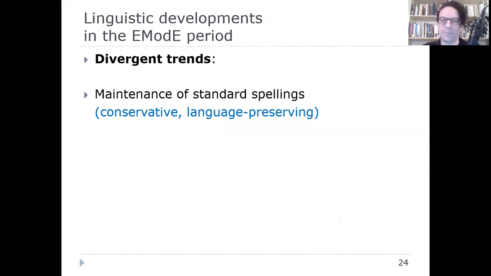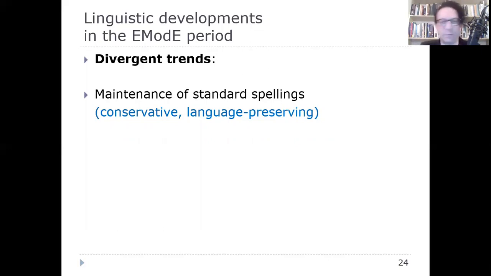Okay, a lot of people have realized that in the early modern period, there's sort of this paradox going on with very divergent trends. On the one hand, you have a language preserving trend, a conservative trend, embodied by the fact that we now have an ongoing standardization. So standardization means that spelling is becoming fixed, and if spellings become fixed, well, this means that they tend to be conservative, right?